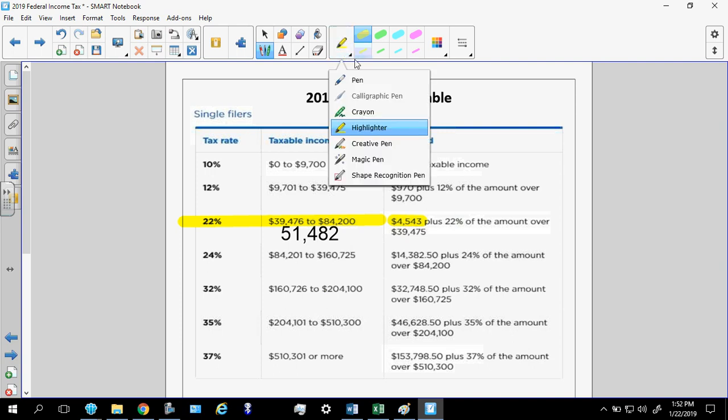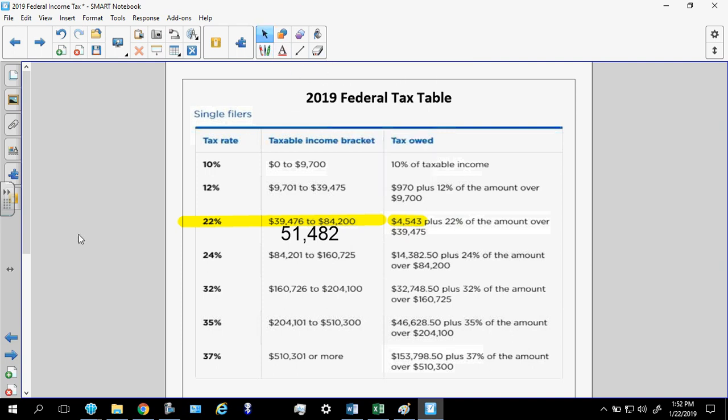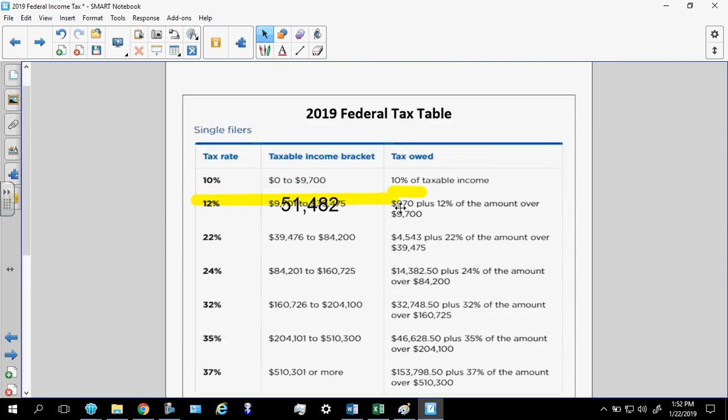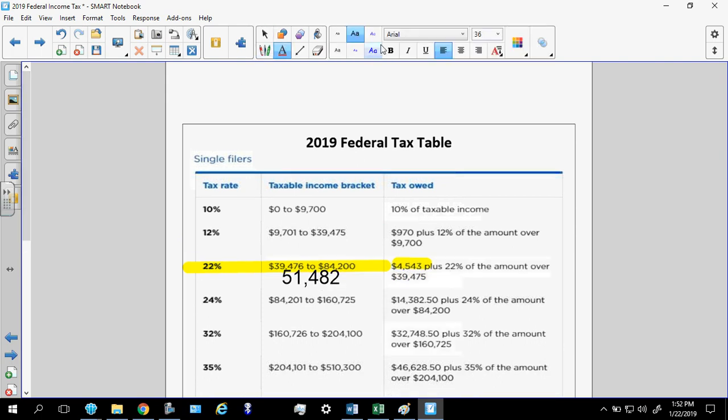That's the first number we're going to deal with. That's the number we start with, 4,543. Now, we are going to add to that, but let's keep reading.